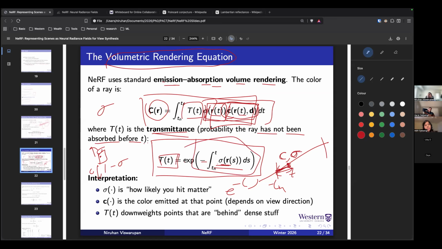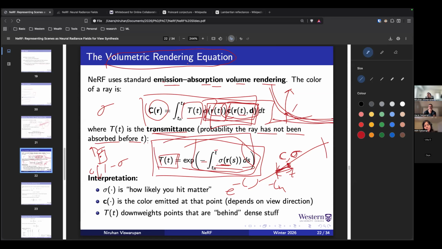I don't have a clear idea why they have done this, but maybe some theory behind it or some practical purposes. I think transmittance is like an exponential decay. It's not linear. It will be 1 at the start, and then it will be exponentially decaying once you go. So this is kind of the equation.